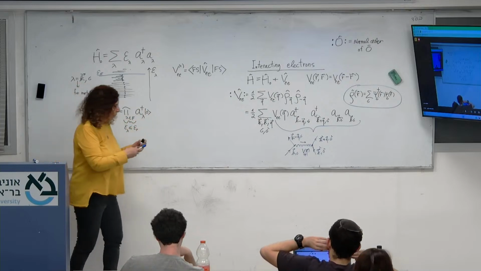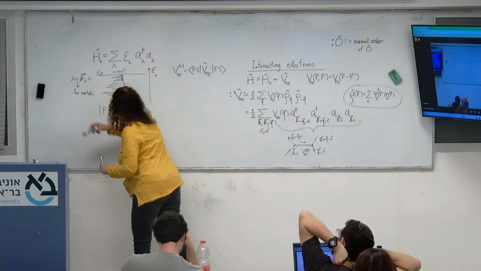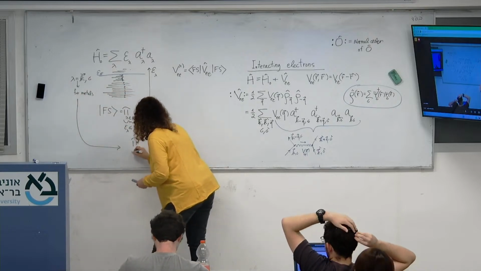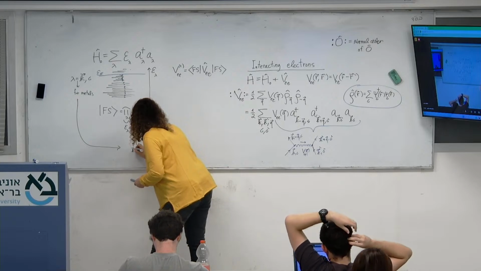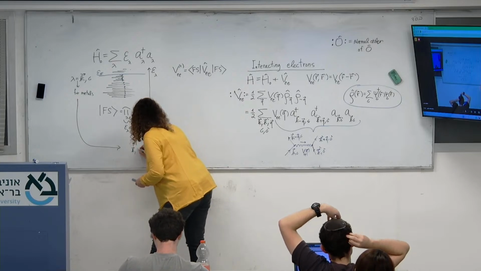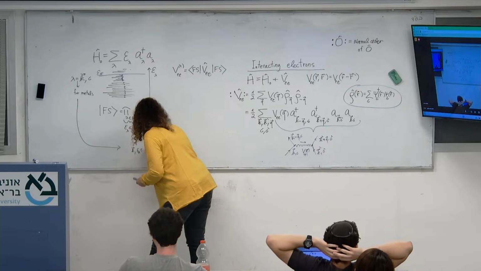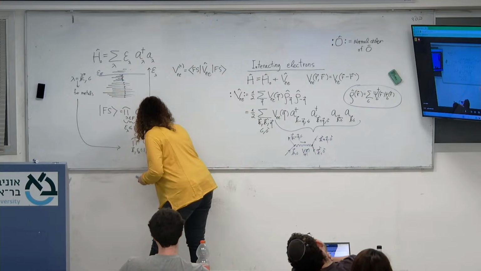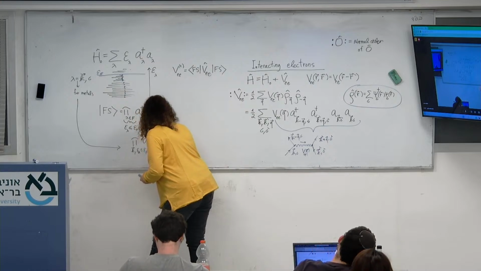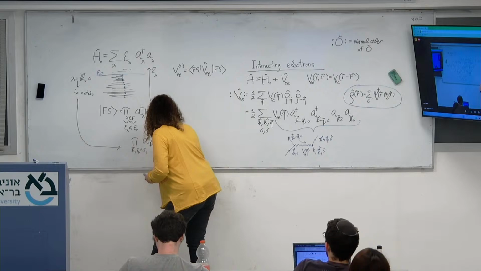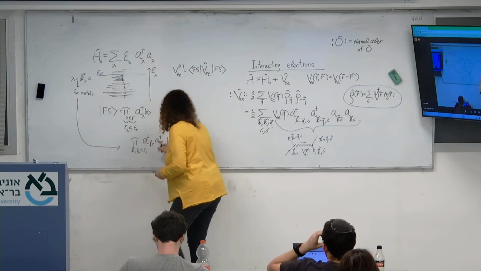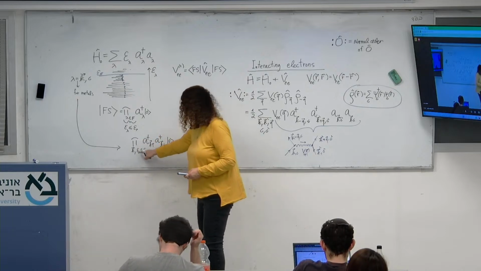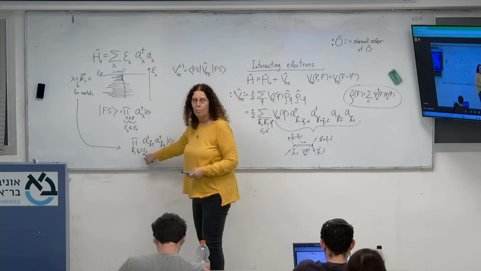If lambda is indeed this, to be more specific, then this is the product over all k with epsilon k smaller than the Fermi energy, and for each k I have 2 states with the same energy, but both of them exist in my ground state. Both are occupied if the energy is smaller than the Fermi energy.